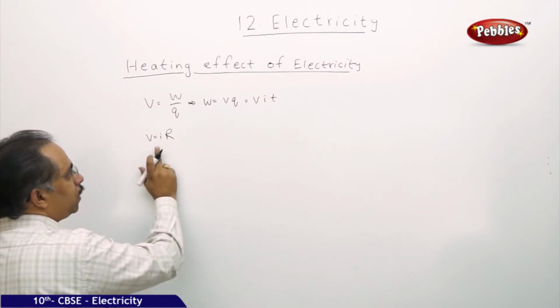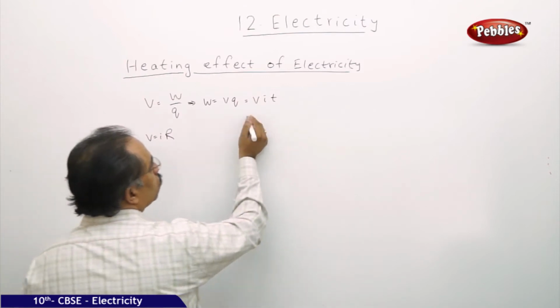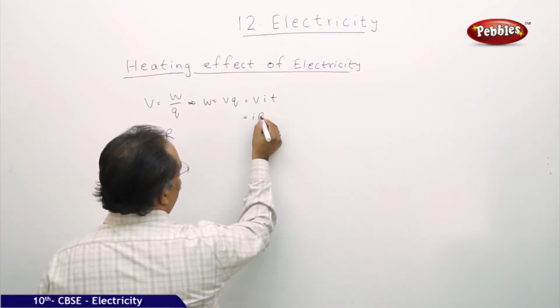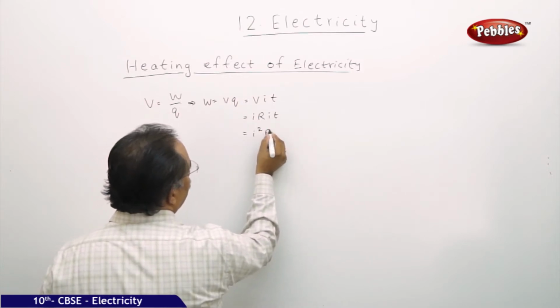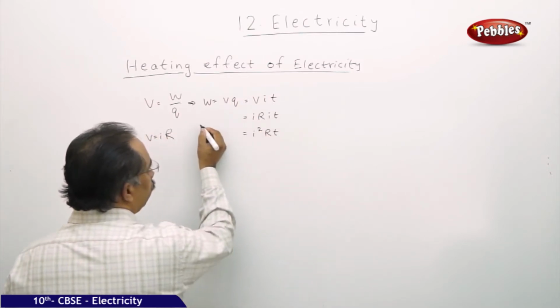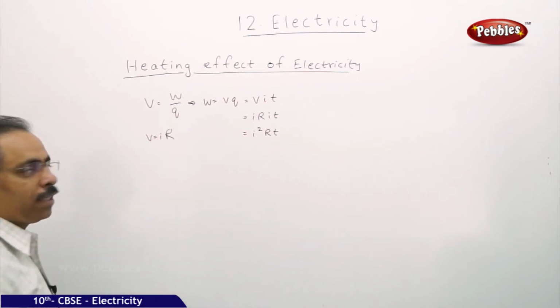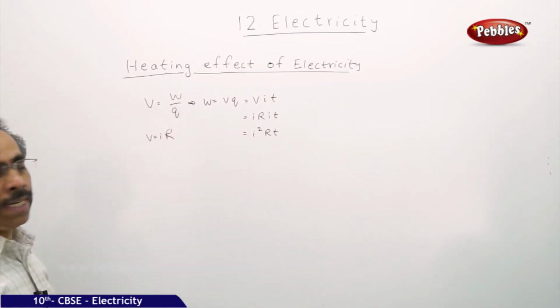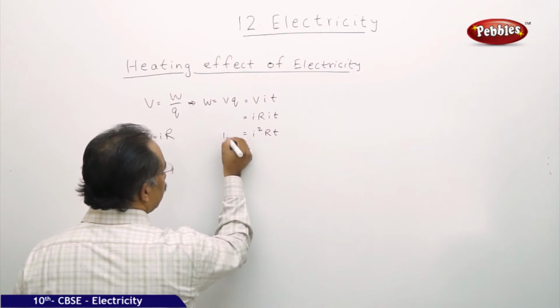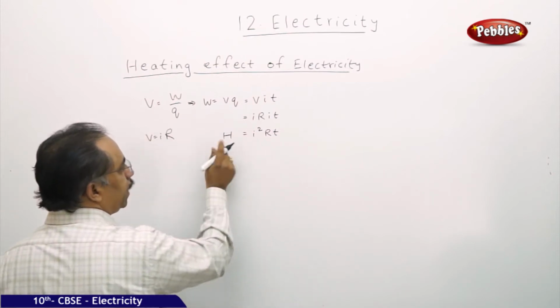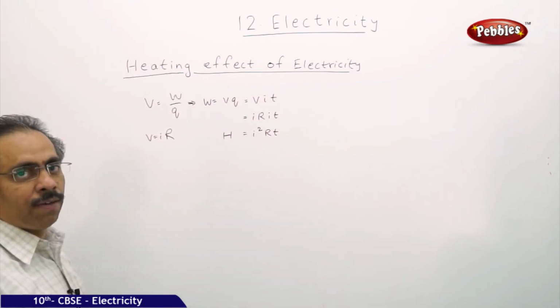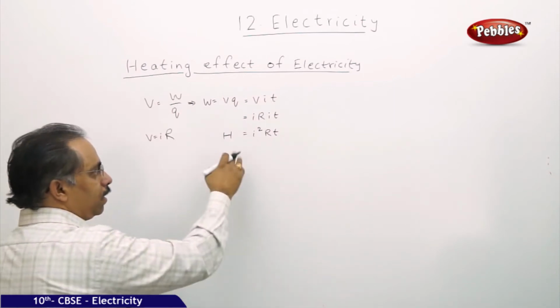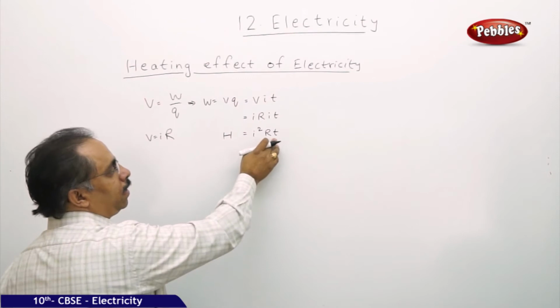Substituting, I get I R into I into T, which implies I square R T. This work done is generated as heat, so I can write it as H. H, the amount of heat energy given out when current passes through a resistor, is equal to I square R T.